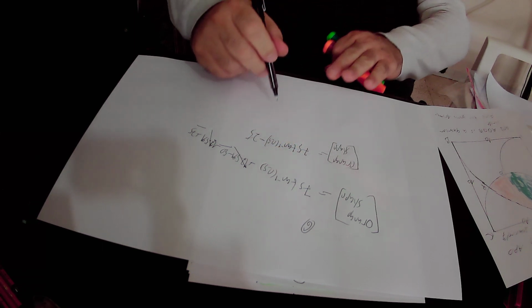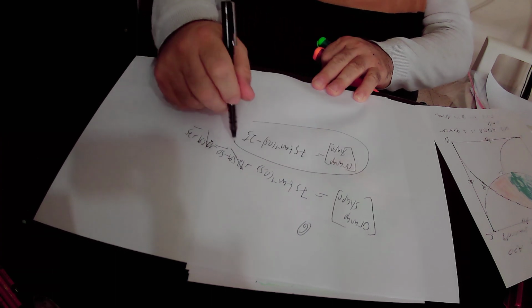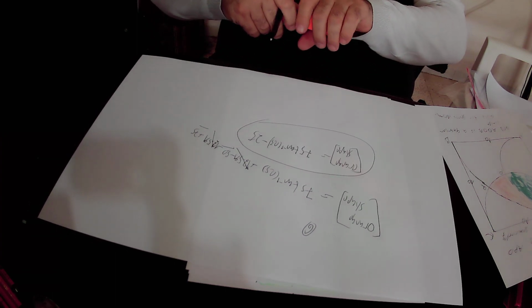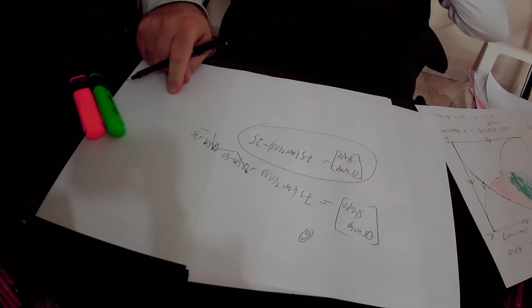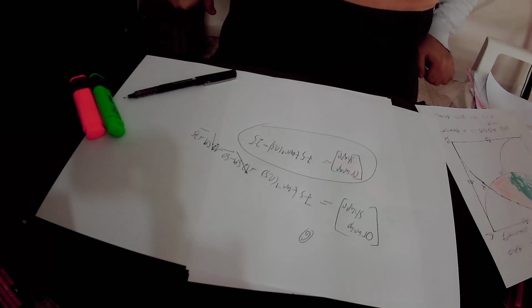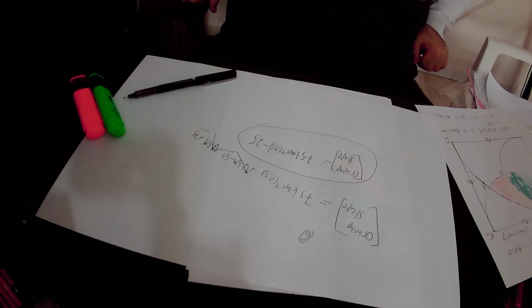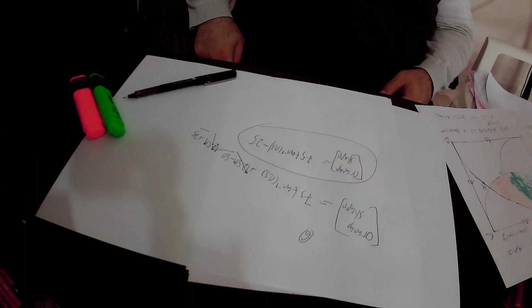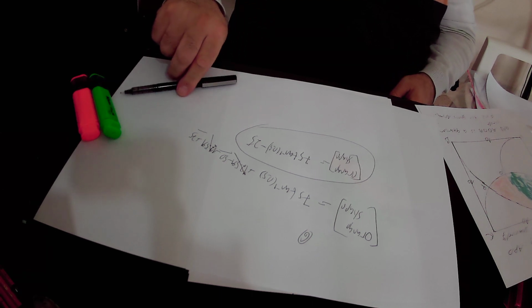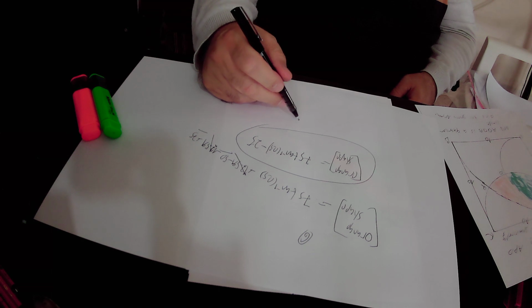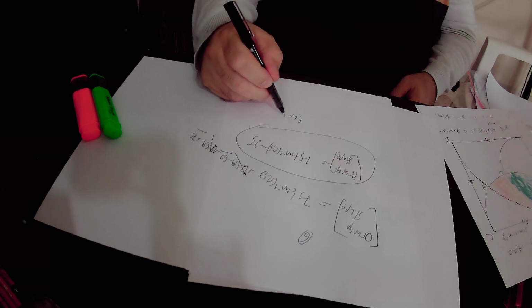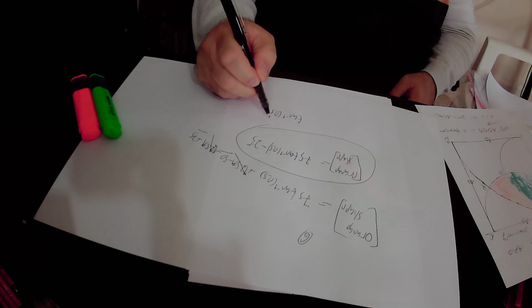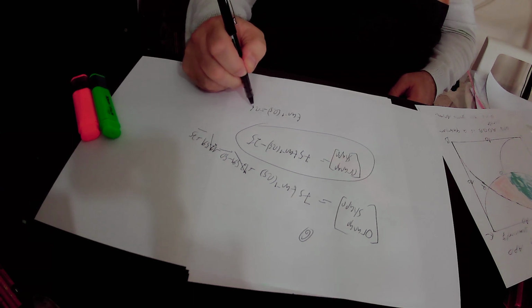Okay. So the area of the orange shape equals 75 times tangent minus 1 of 0.5 minus 25, and the value of tangent minus 1 of 0.5 is about 0.46.